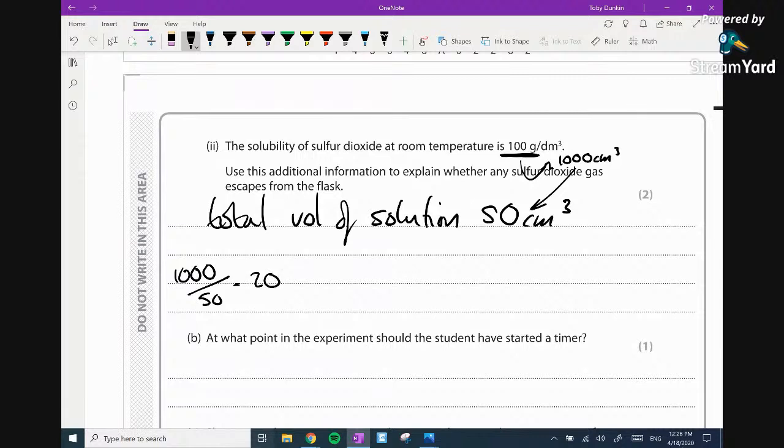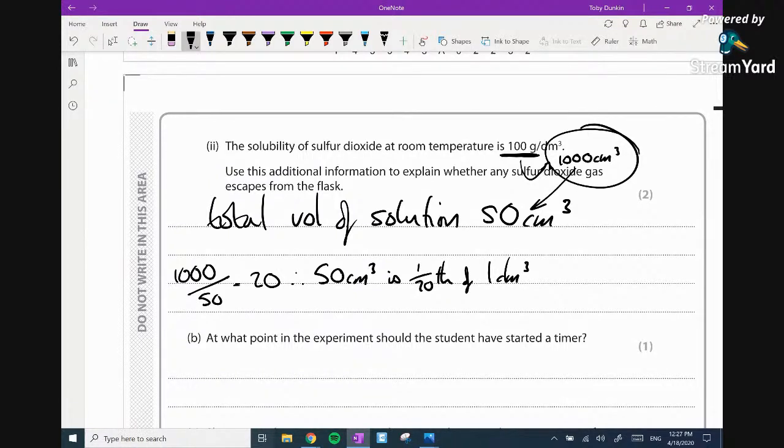So I have 1/20th of that volume. Yeah? So I'm going to put, therefore, 50 centimeters cubed is 1/20th of 1 dm cubed.